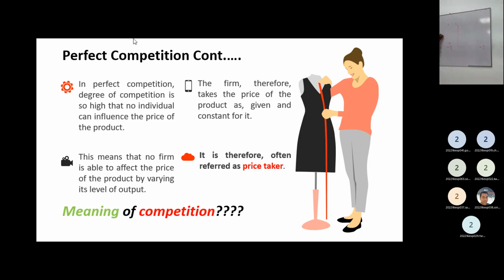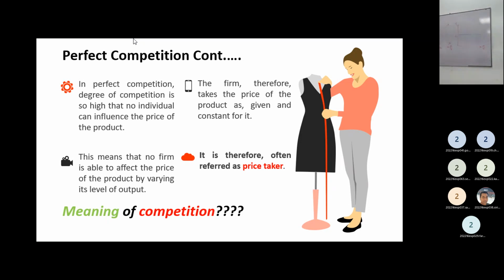So they have to take that price as it is, and they need to sell whatever the quantity at this price per unit. Clear? So this is why we say the perfect competitive market structures are price takers.